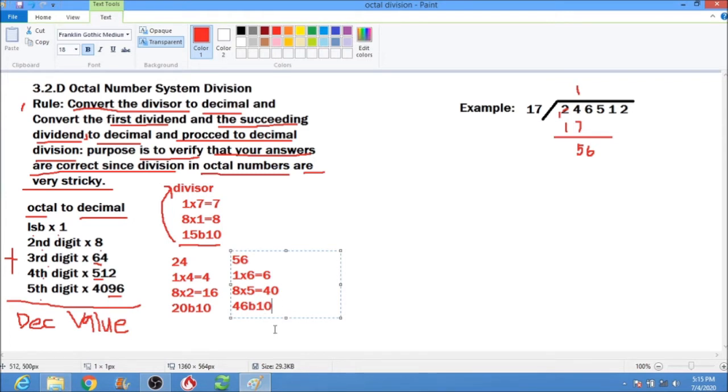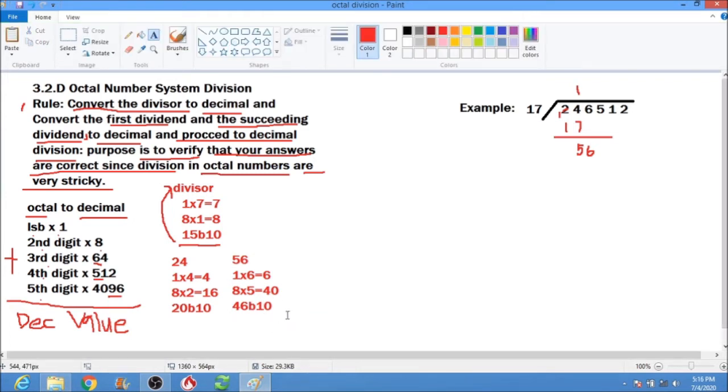Just follow the procedure. Meaning 56 divided by 17 is simply 46 divided by 15. 3 times 15 is 45, so 56 divided by 17 is 3.